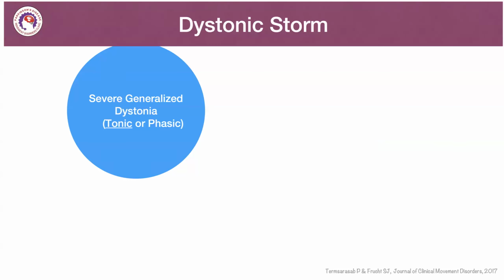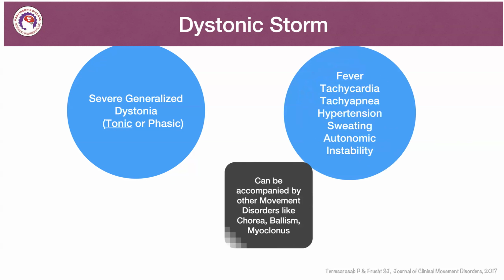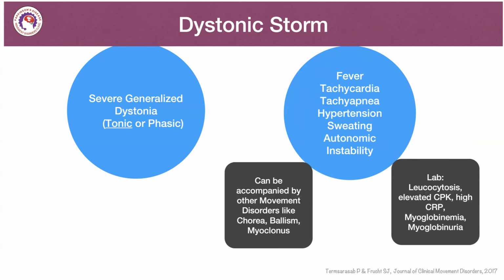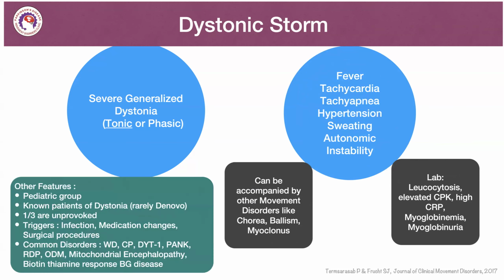One is severe generalized dystonia, then systemic symptoms that include fever, tachycardia, tachypnea, hypertension, sweating, and autonomic instability. This can be accompanied by other movement disorders such as chorea, ballismus, myoclonus, along with lab features of leukocytosis, elevated muscle enzymes, high CRP, myoglobinemia, or myoglobinuria.